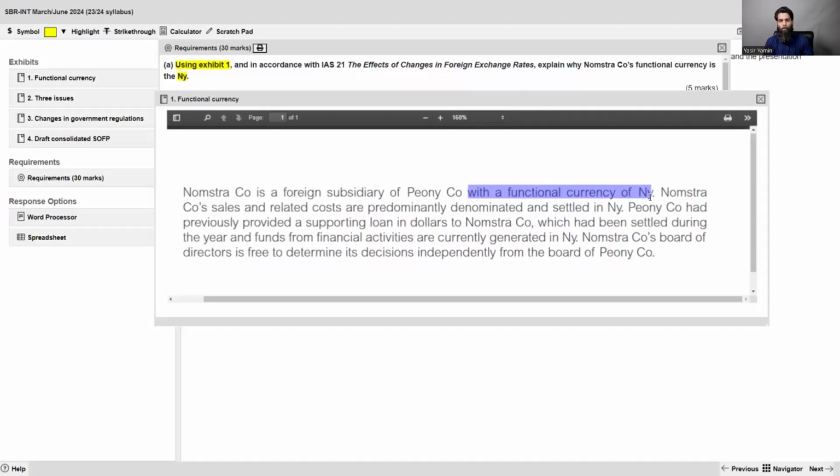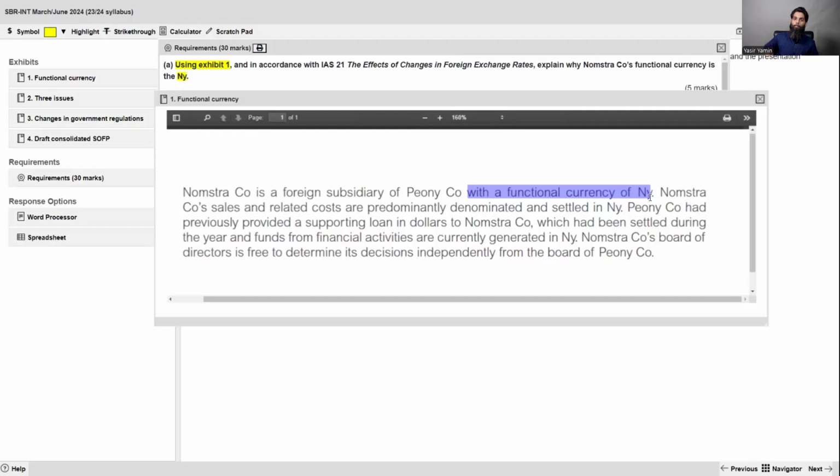Now I ask you a question, everyone. Can the functional currency of a subsidiary be determined right away using primary or secondary factors? I mean, that is how they would have determined that the functional currency is NAI. But can you use the primary and secondary factors of determining functional currency of a subsidiary right away? Is that allowed? Give me a yes or a no.